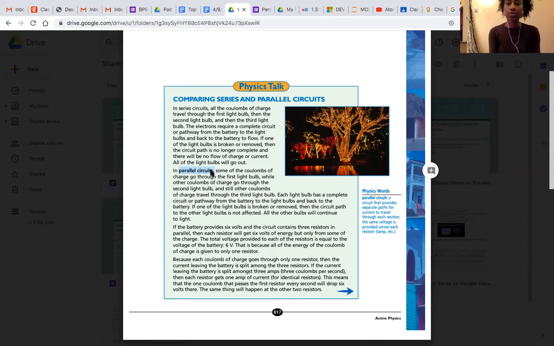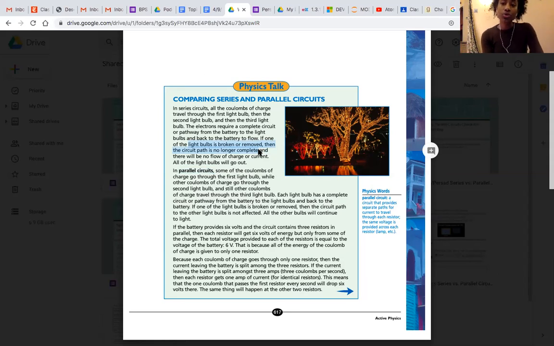In series, remember, series is in a circle, and in series we share, right? So in series, it says here, if one of the light bulbs is broken or removed, the circuit path is no longer complete, and the light bulbs will go out. So in series, you require all of the light bulbs to be working in order for them all to stay on.